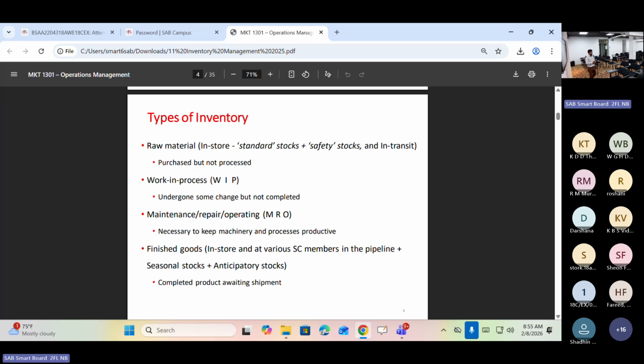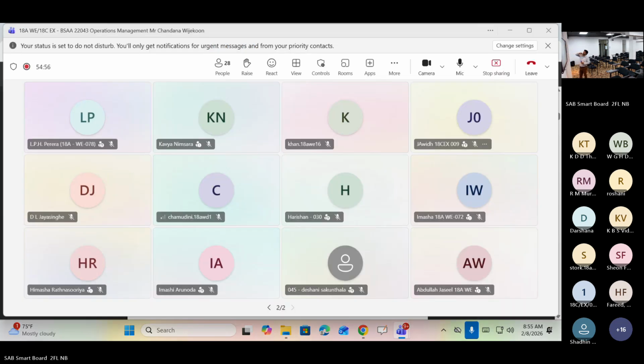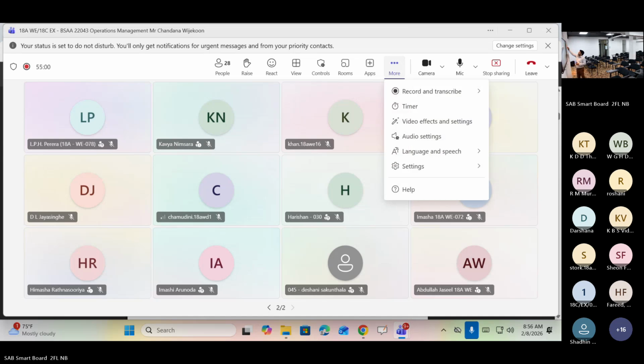So, are there any quick questions from you before moving further? Since we don't have any physical participants or students physically here, you can ask questions by unmuting yourself. Let me see whether I can see the messages.